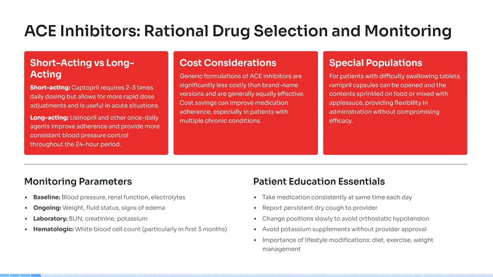Do not take any supplements unless they speak to the provider first. And then lifestyle modifications. Never stop doing the diet changes, exercise, and weight management. There's no magic pill. The patient has to do some work. So we want them to continue those lifestyle modifications.